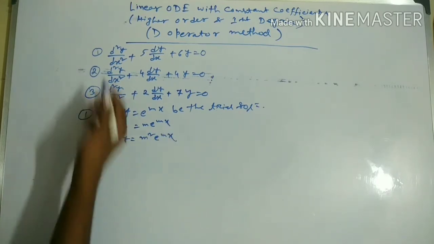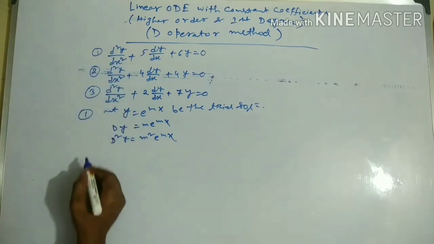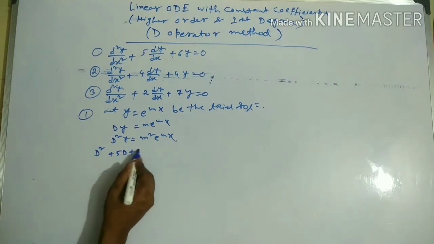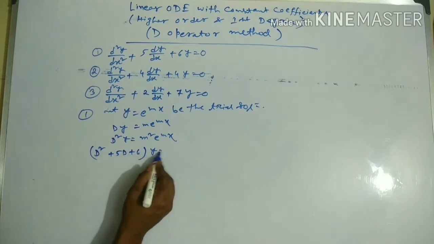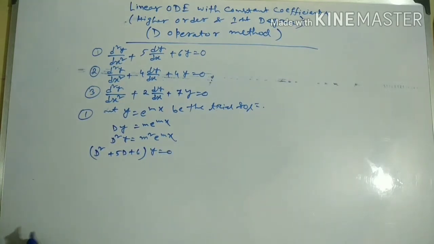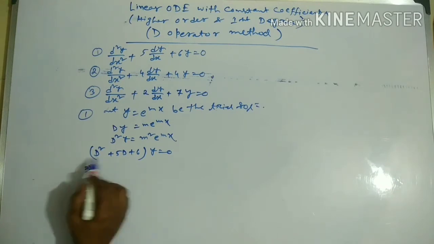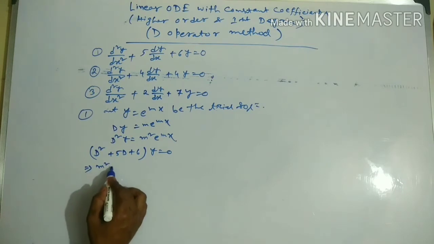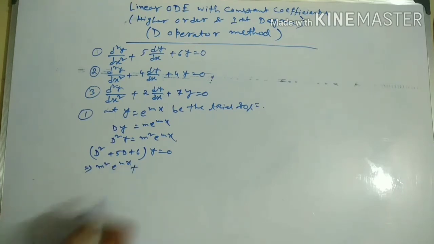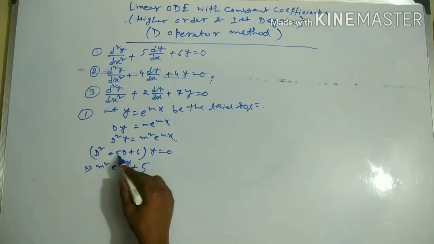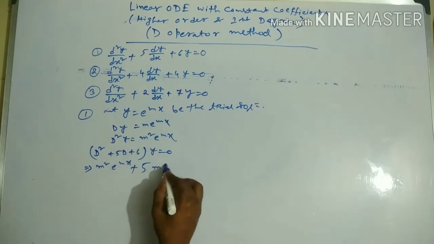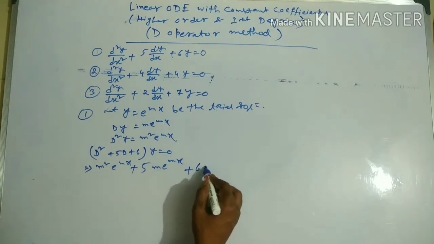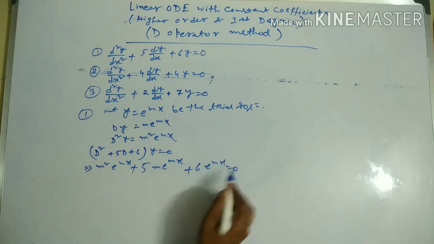Now you can write this equation using capital D. This will be D square plus 5D plus 6 operating on y equal to 0. Now we are putting these values. D square of y means m square e to the power mx, plus 5 into dy, dy means m e to the power mx, plus 6y, 6y equal to e to the power mx, equal to 0.